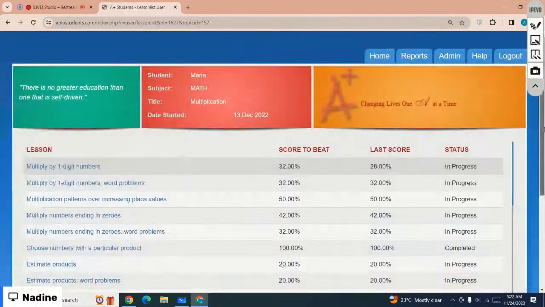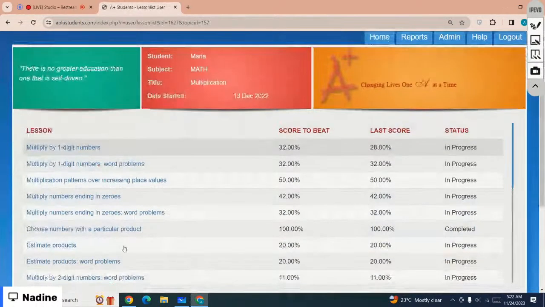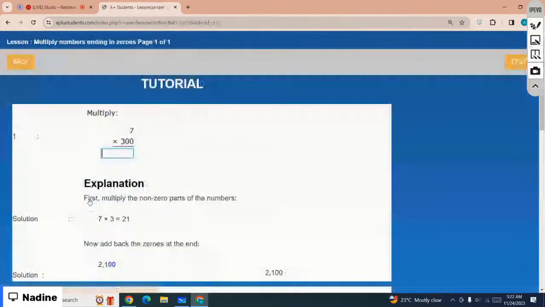Okay, the next lesson is multiply numbers ending in zeros. So let's just start with the lesson. The first one is multiply 7 times 300. Basically, you just multiply the non-zero values, right? The non-zero values mean 7 times 3. 7 times 3 is 21, right? Then you have two zeros with 300. Just multiply the non-zero values and add the zeros at the end.